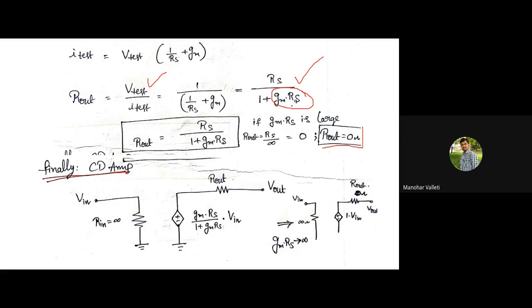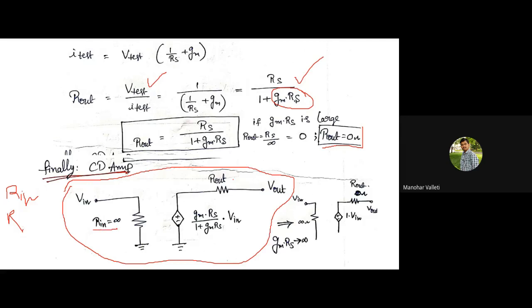Finally, for the circuit we have seen, this is the equivalent model in terms of the common drain amplifier circuit in terms of R in, R out, and AV. As R in is infinite, R out will follow this formula here, and this is the voltage gain provided by the common drain amplifier.